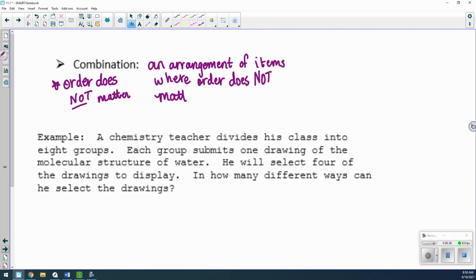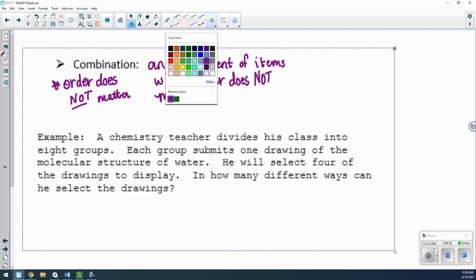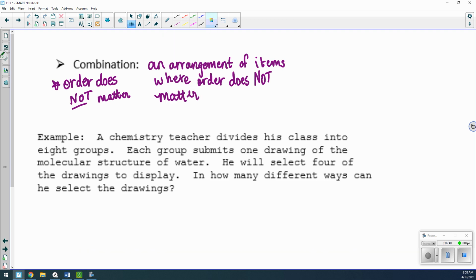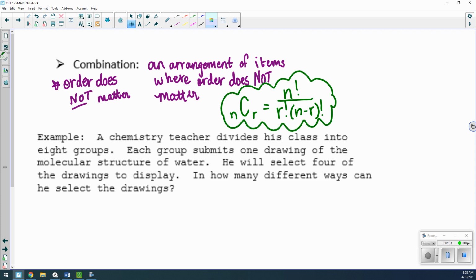And of course, we have a formula for this as well. Our formula for n items taken r at a time where the order doesn't matter would look like n factorial divided by r factorial times (n minus r) factorial. So the only difference between a combination and a permutation formula is this additional r factorial in the denominator.